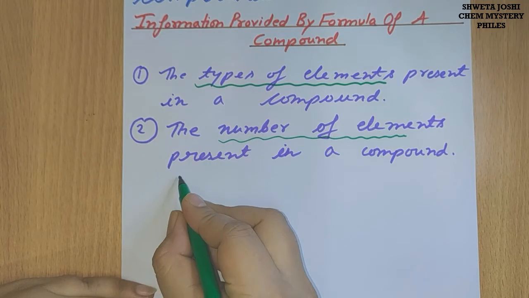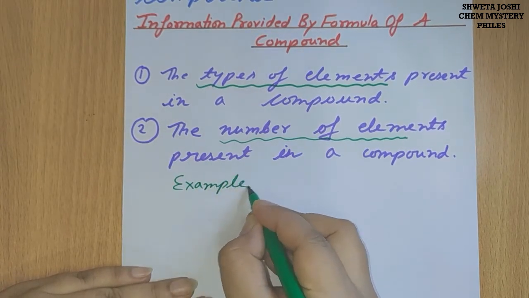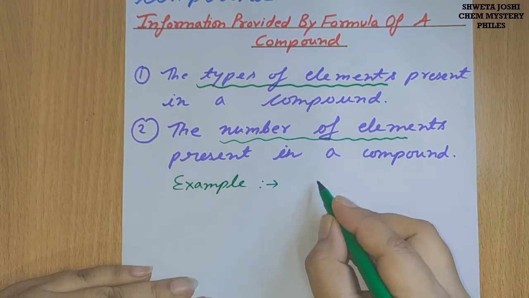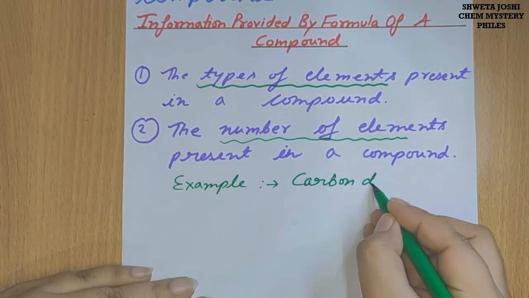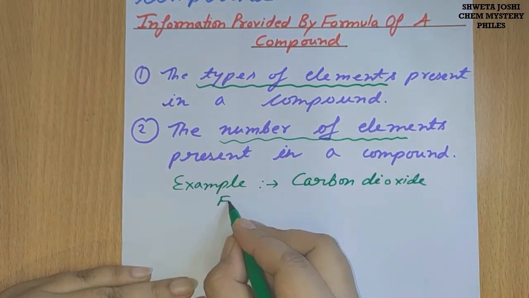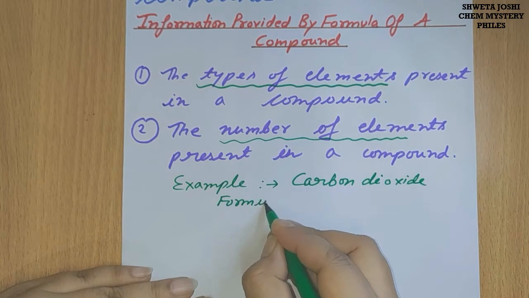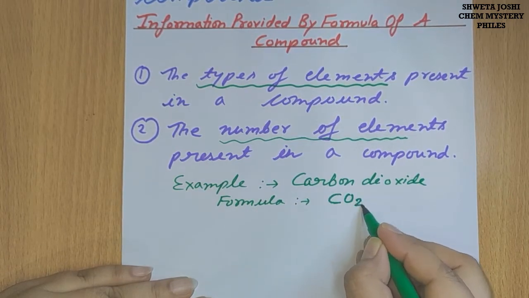For example, when we consider the formula for carbon dioxide, the formula is CO2.